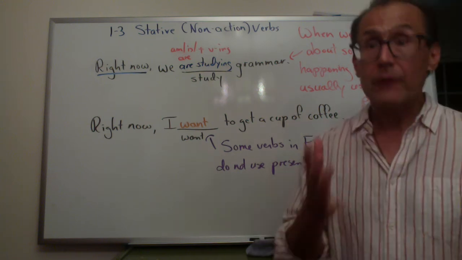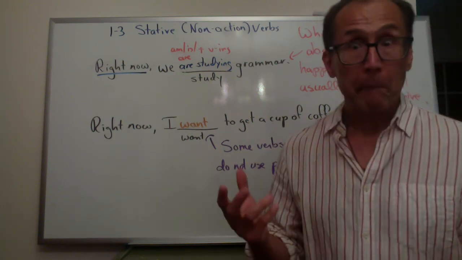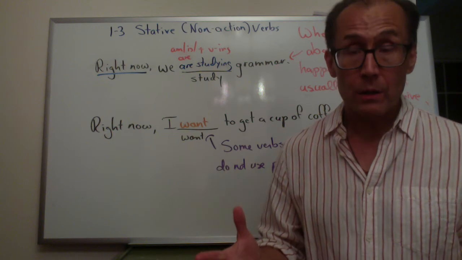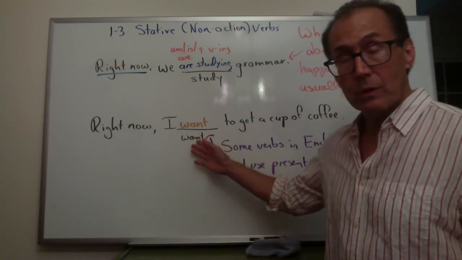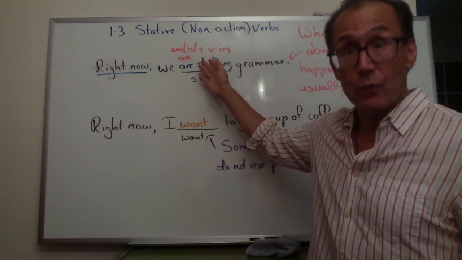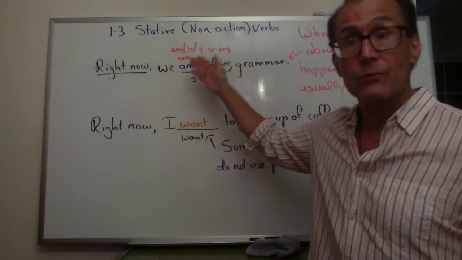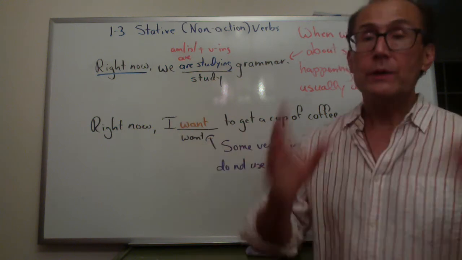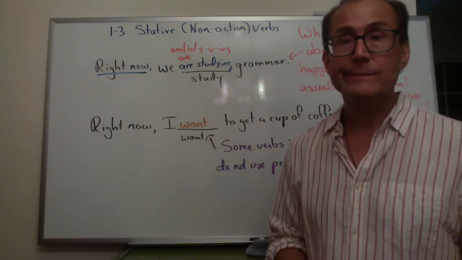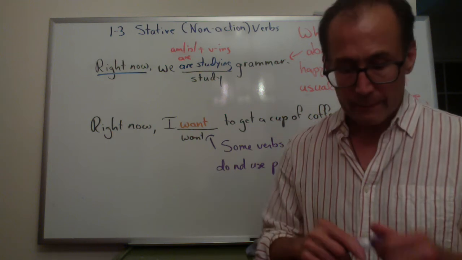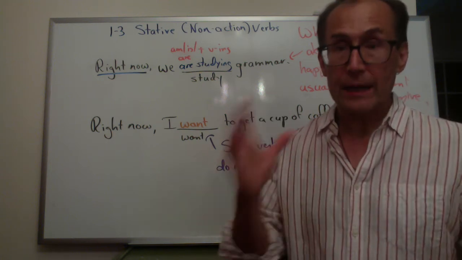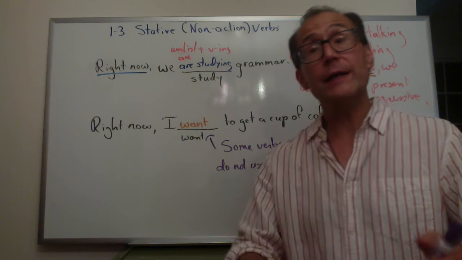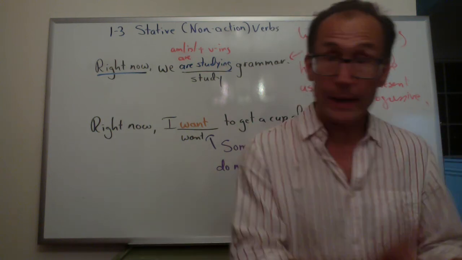Now, that raises a question. How do I know which verbs work normally and use present progressive for right now? How do I know which verbs don't do this? Unfortunately, I have some bad news. Well, I actually have good news and I have bad news.